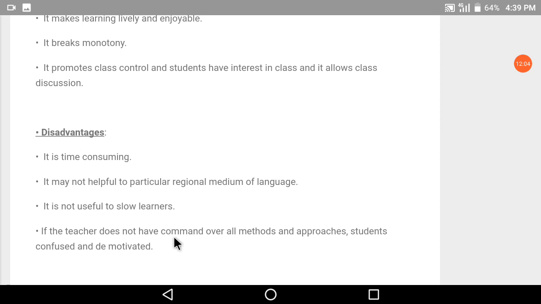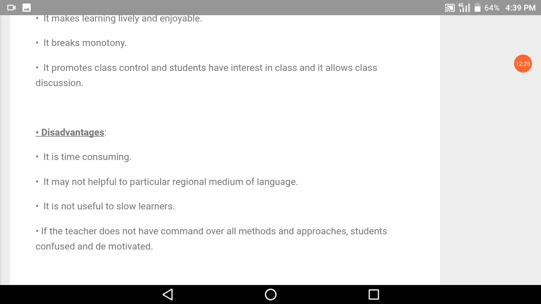If the teacher does not have command over all the methods and approaches, students get confused and demotivated. Means, if I want to choose the eclectic method, I should have an idea about the grammar translation method, direct method, all the methods which I want to choose for a lesson.